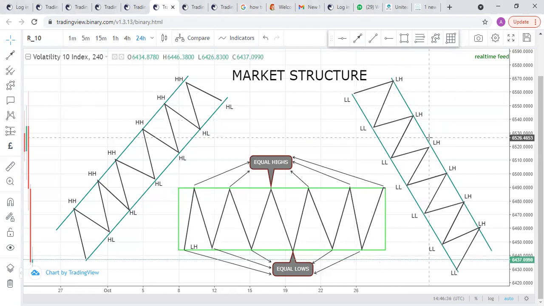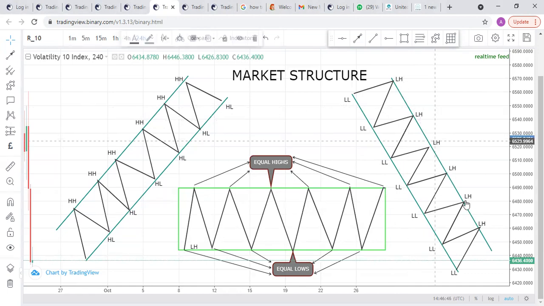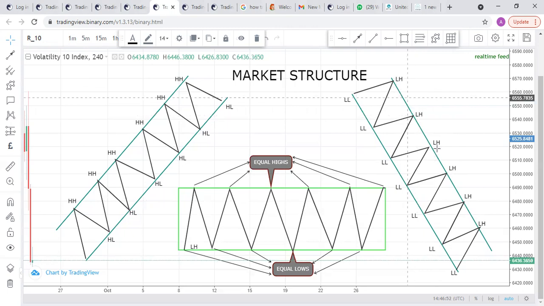And the major characteristic you look for in a downward movement is the market creating lower highs. See, this high is lower than this, this high is lower than this. That's a major characteristic for you to know that this market is on a downward push.